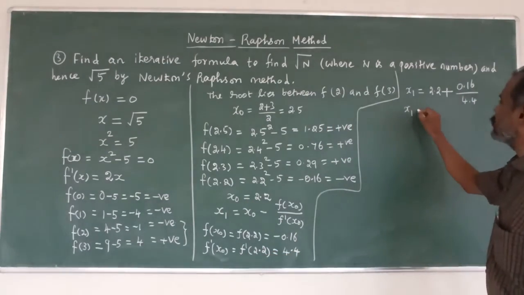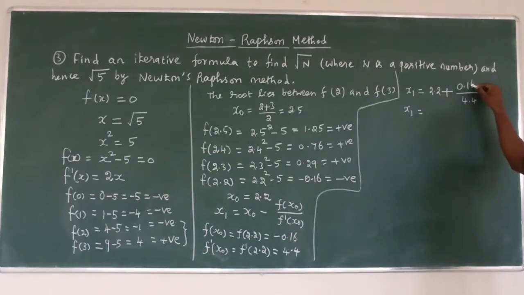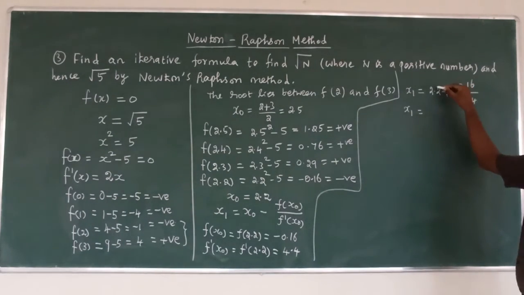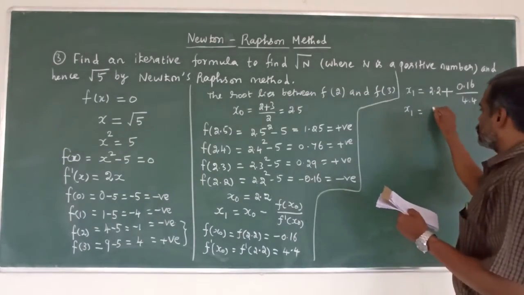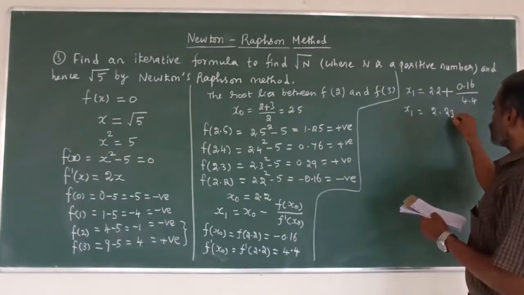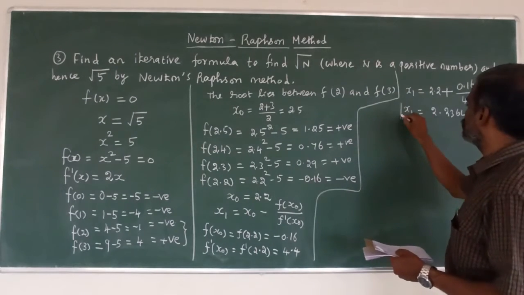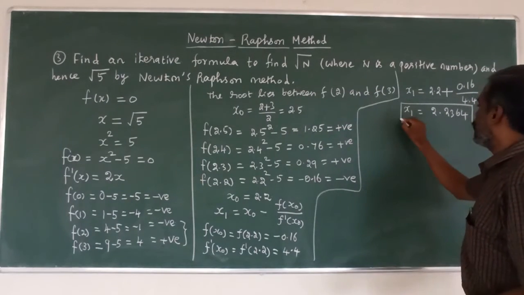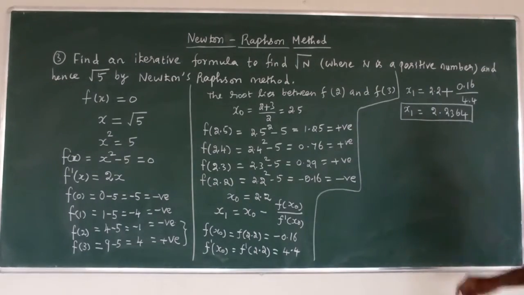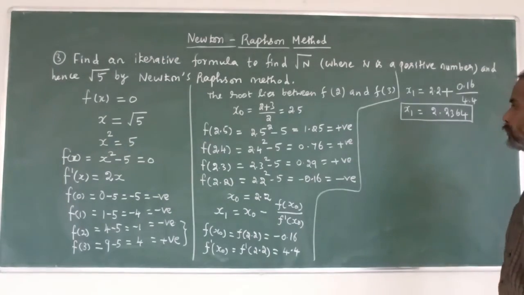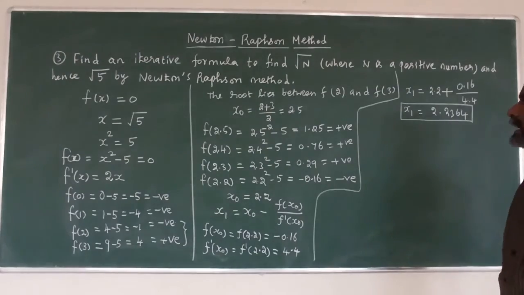Divide these two, that result add with 2.2, we get the result 2.2364. This is the first iteration value.